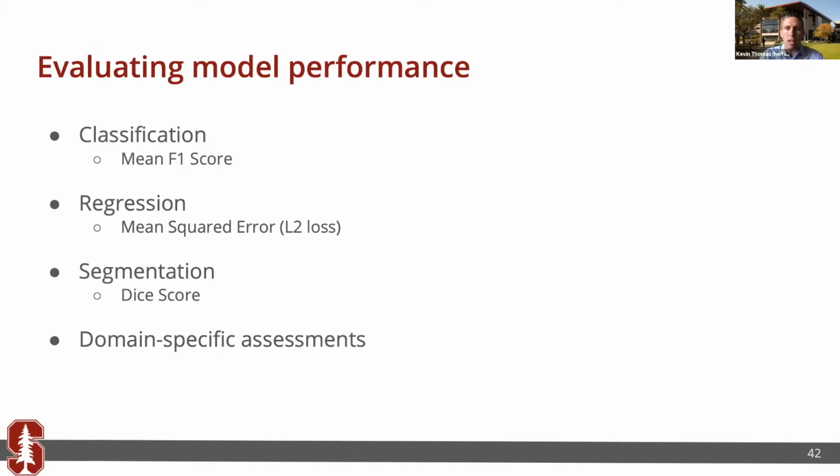So for example, classification is a type of task that deals with sorting things into categories like mild, moderate, severe, or healthy versus sick. And one metric you might use to assess how well your model is at a classification task is the F1 score.